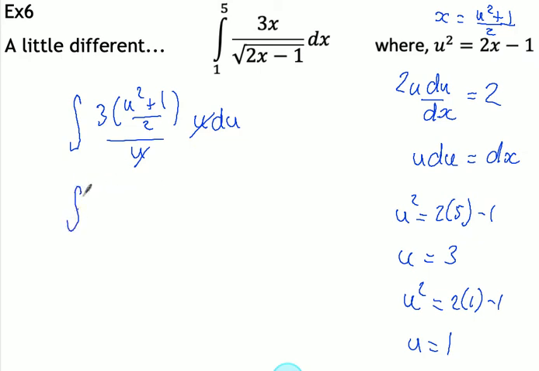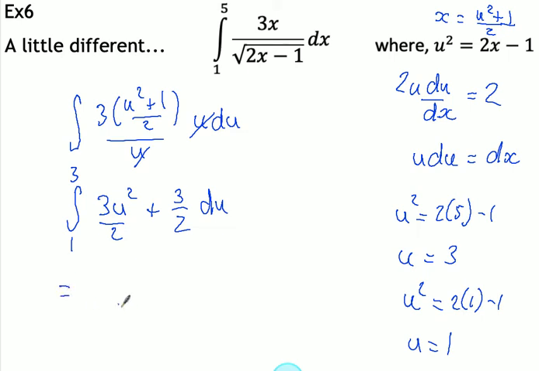So we're integrating, the limits were 3 and 1, and if I was to expand this now, it'd be 3u squared over 2 add 3 over 2 du, which is something that is a lot easier to integrate.